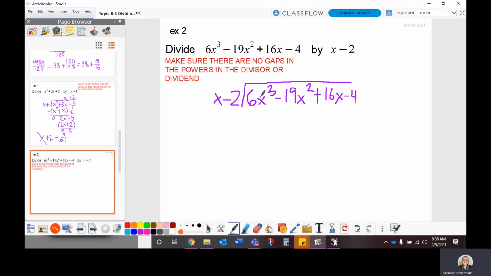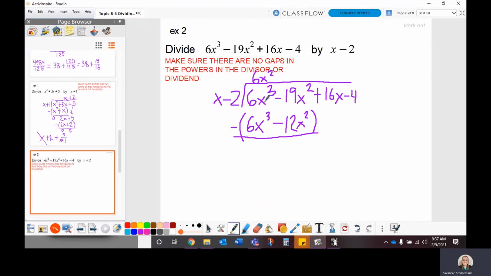So x will go into 6x cubed, 6x squared times, because 6x squared times x is 6x cubed. Remember, we're subtracting everything inside. So then we're going to do negative 2 times 6x squared. You get minus 12x squared.